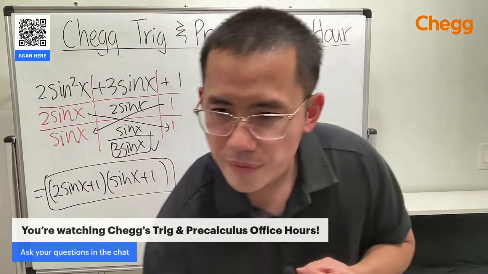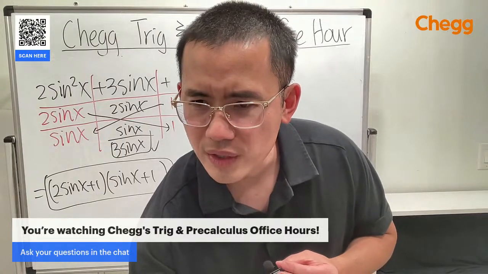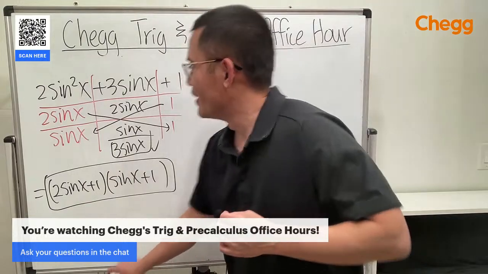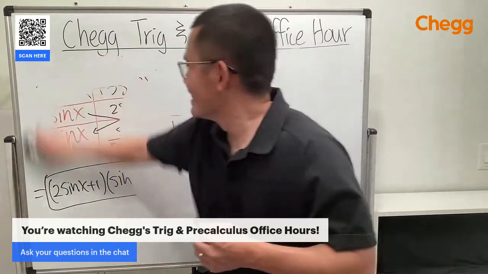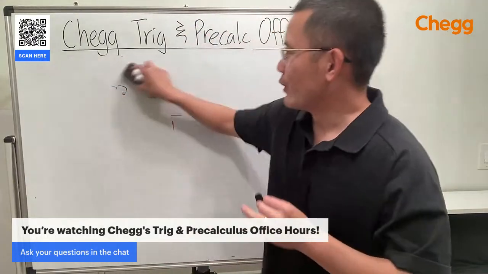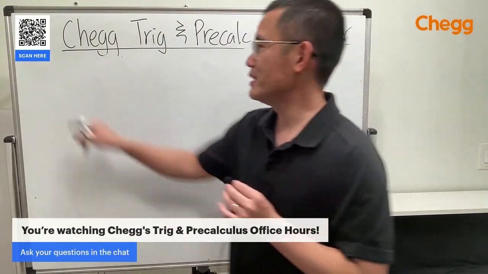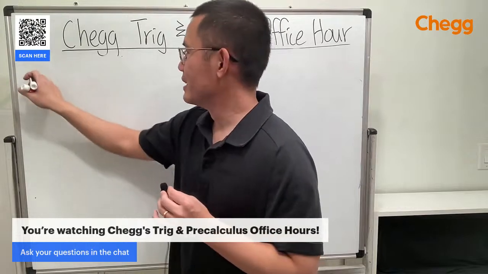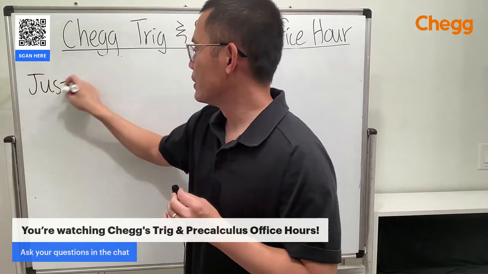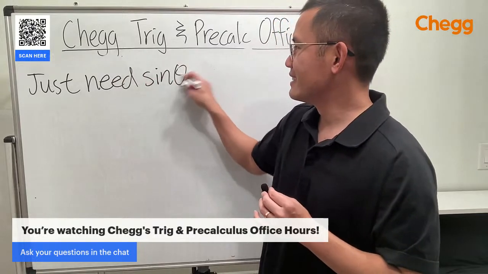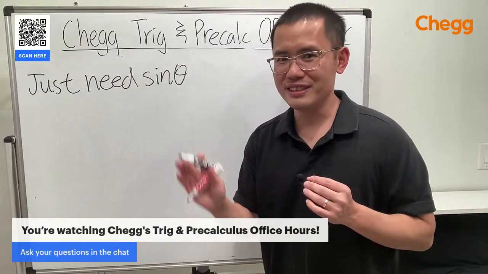Can you review changing from one trig function to another using Pythagorean identity? I think I can do that. Let's see. Why don't I do everything for you? In fact, we just need one trig function. So I'm just going to title this, just need sine theta. So let's try everything in terms of sine theta.